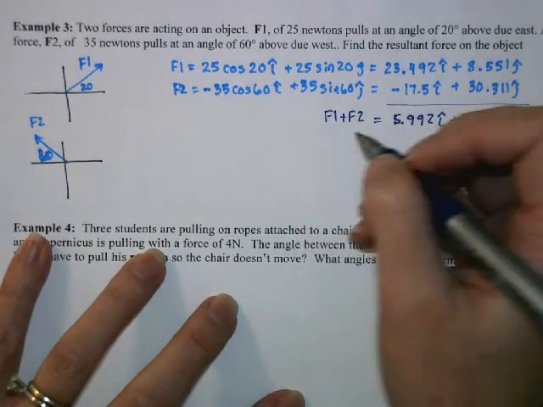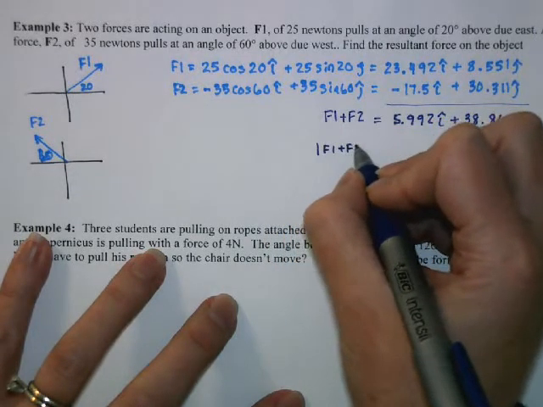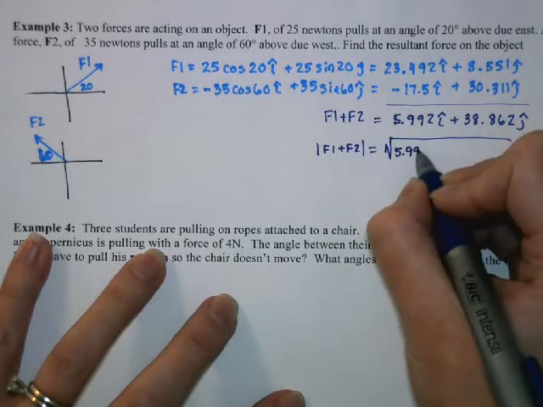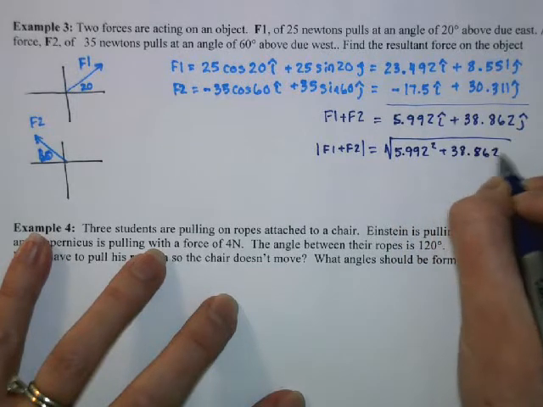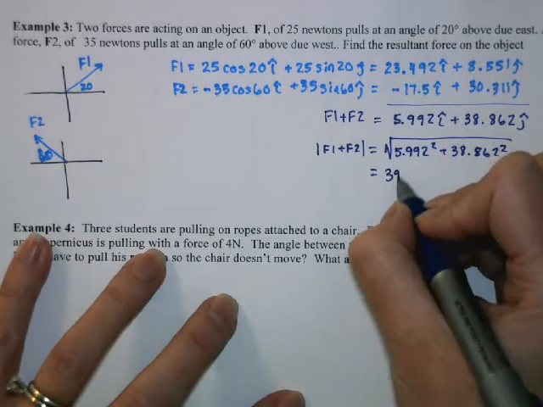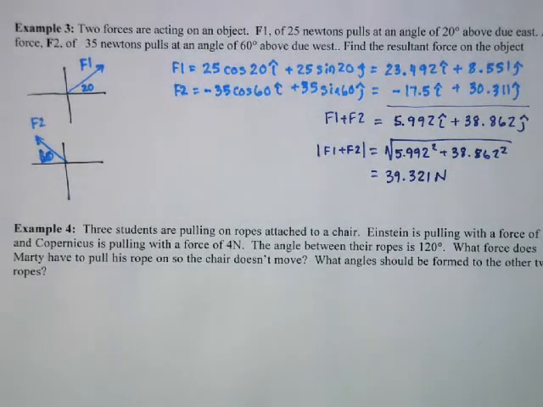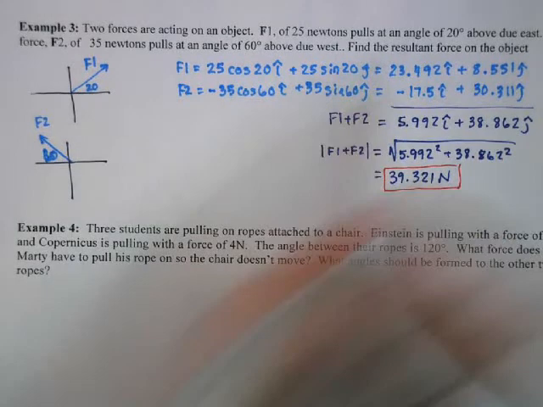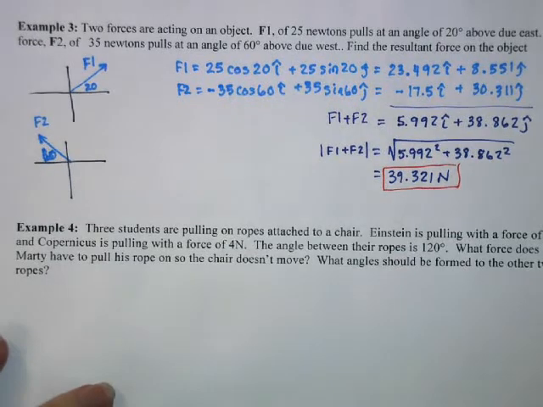Okay, we'll find the magnitude. Is 39.321. This will be in newtons. We also want the direction. So anytime it says the resultant force, the resultant is a vector, which means we want magnitude and direction.